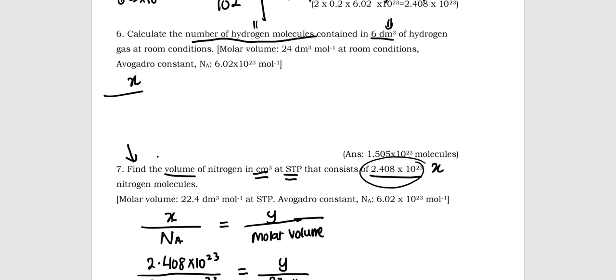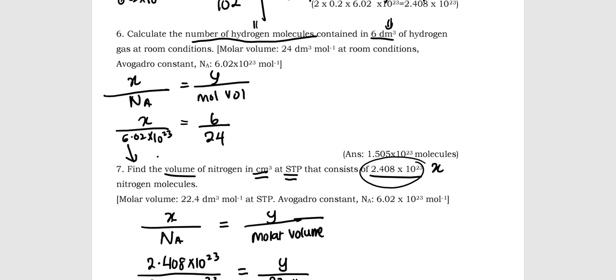Okay, we put X over Na is equal to Y over molar volume. Okay, luckily it gave in dm cube. This one X is what we are going to find, 6.02 times 10 to the power of 23, and for Y is 6, yeah, correct, and this one is 24.